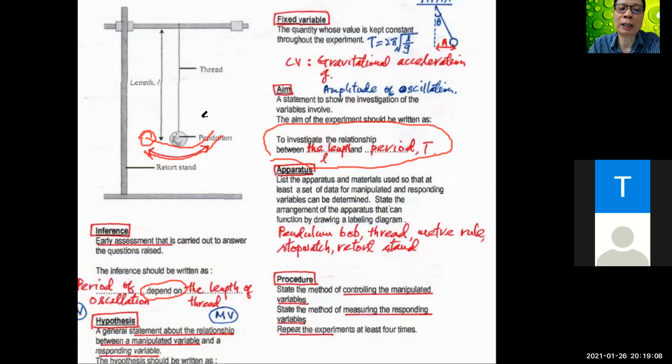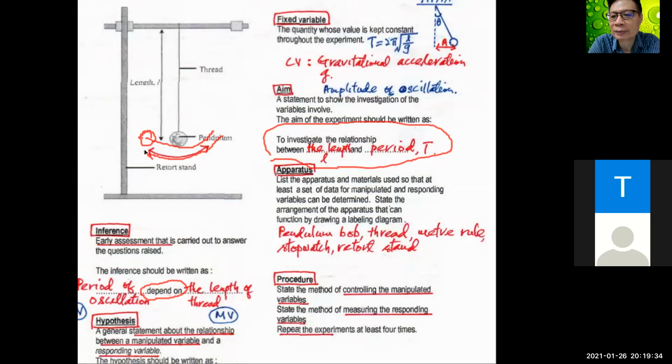In this experiment, very simple. Just take a stopwatch to measure the time. But can you measure the time for one oscillation using a stopwatch? 量得到吗? Can or not?